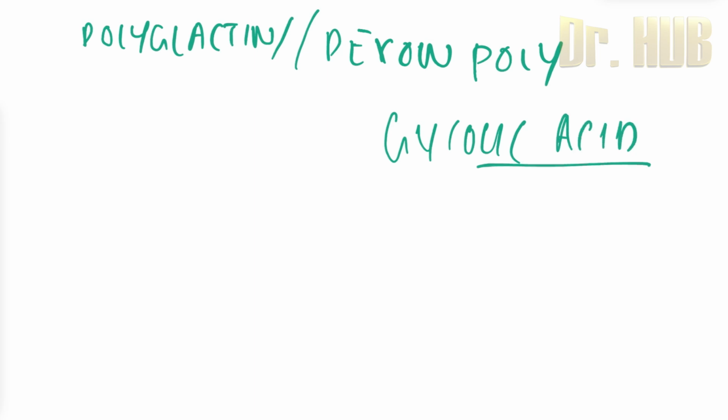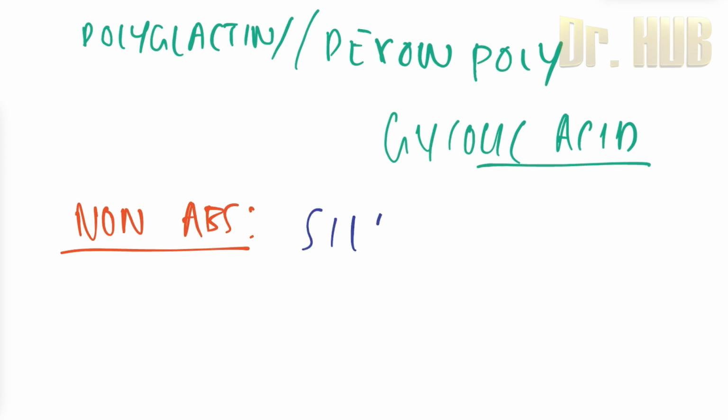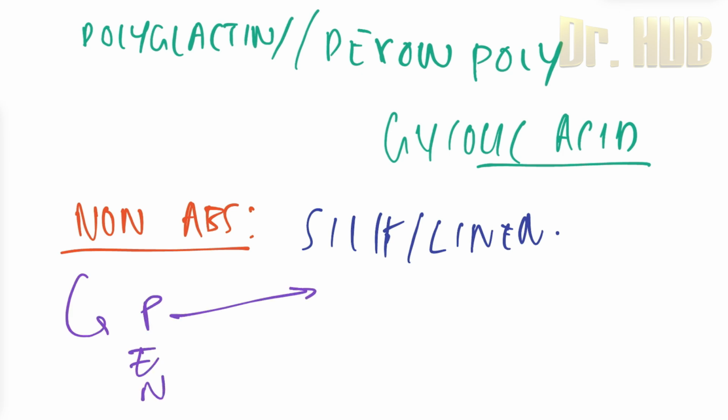Now let's look at the non-absorbable. Under non-absorbable, what is meant by this? It persists in the tissues for an indefinite period of time. Natural includes silk as well as linen. For synthetic non-absorbable, the mnemonic is PEN.